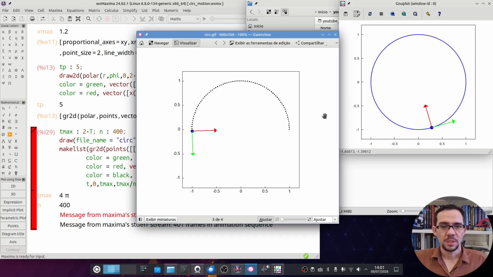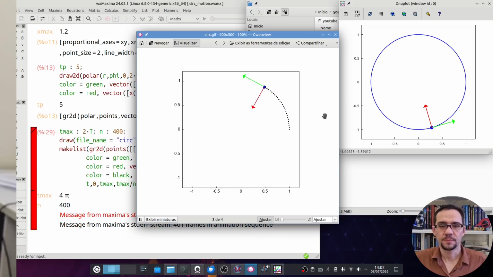This simulation is interesting to show to the students the fact that the velocity vector is always tangent to the trajectory and that the acceleration vector in this case is always pointing to the center of the trajectory.